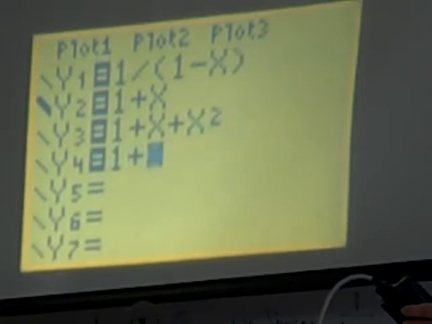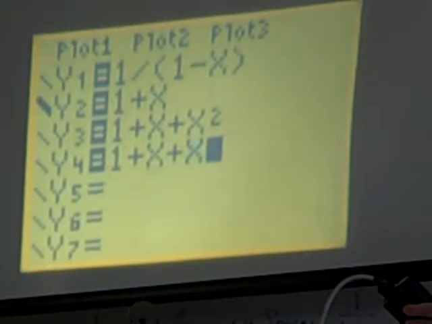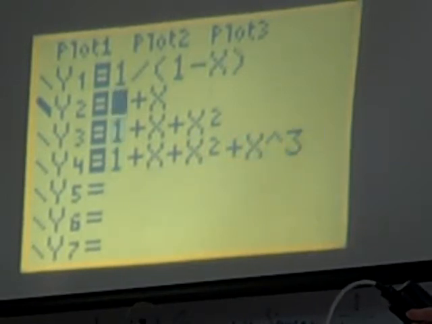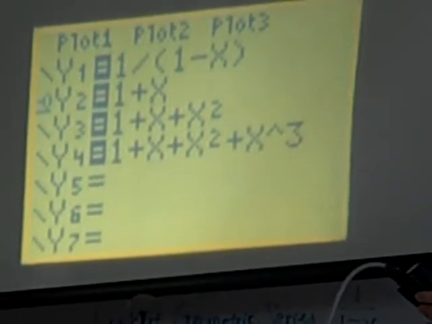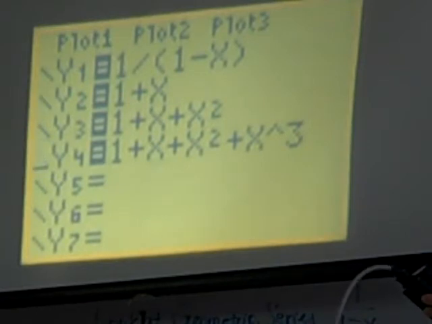And 1 plus x squared plus x cubed. And let me make this one regular. Add the trace, which is that circle thing. I'll make the last one, the grand finale, the thick one.